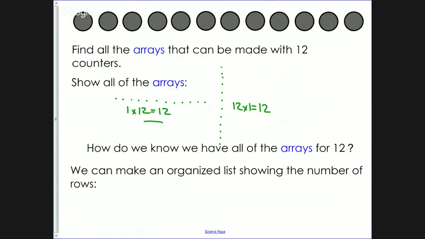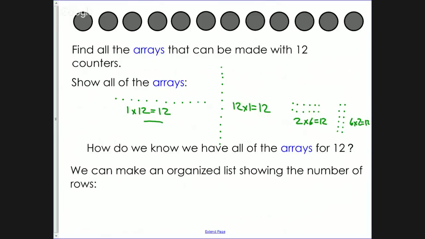But we could also group them in twos. And I could have 2 rows. And if I have 2 rows, we know that 6 plus 6 would make 12. So I would have 2 rows of 6. And I can do the reverse. I can have 6 rows with 2 in each. And that would be 6 times 2.